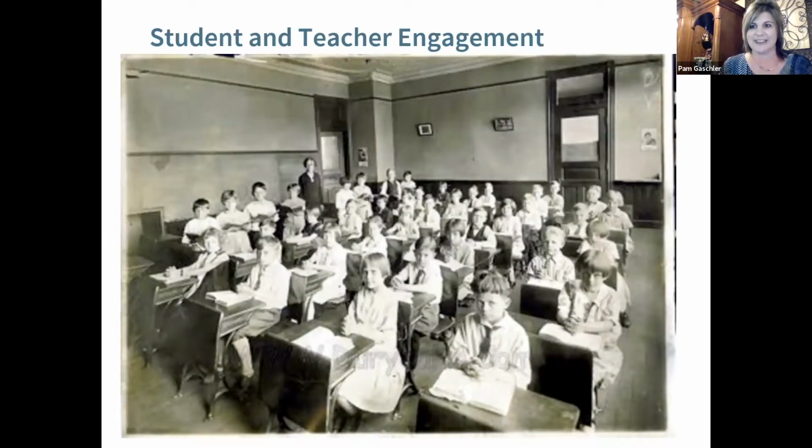Wow, this photo is a little drab, isn't it? But I picked this one purposefully to let us activate our mental model of student and teacher engagement. Classrooms over the past 2 generations have truly come a long way. However, I want to ask, do you think the kids in this photo look engaged?